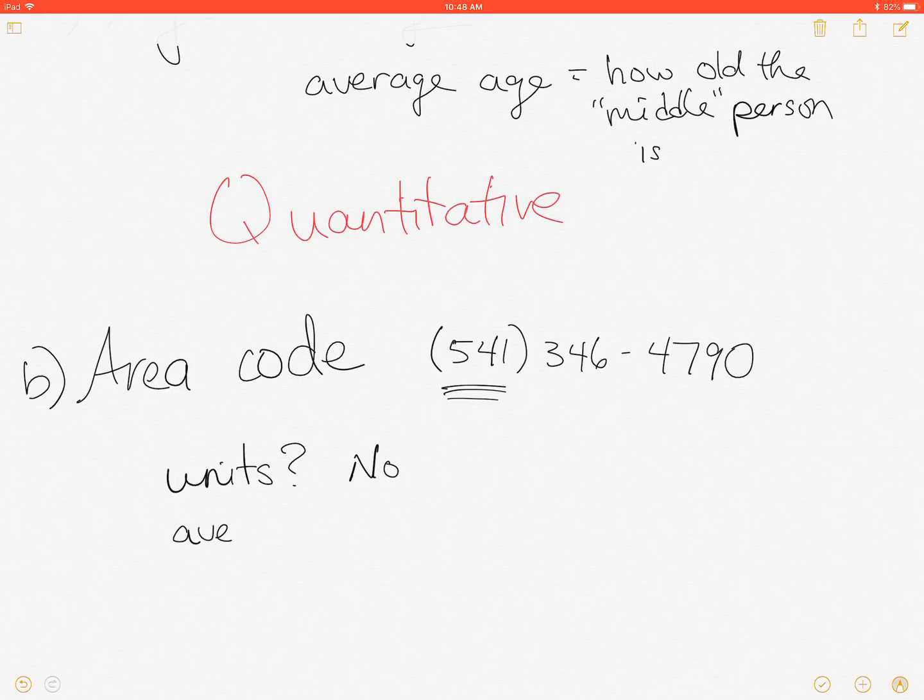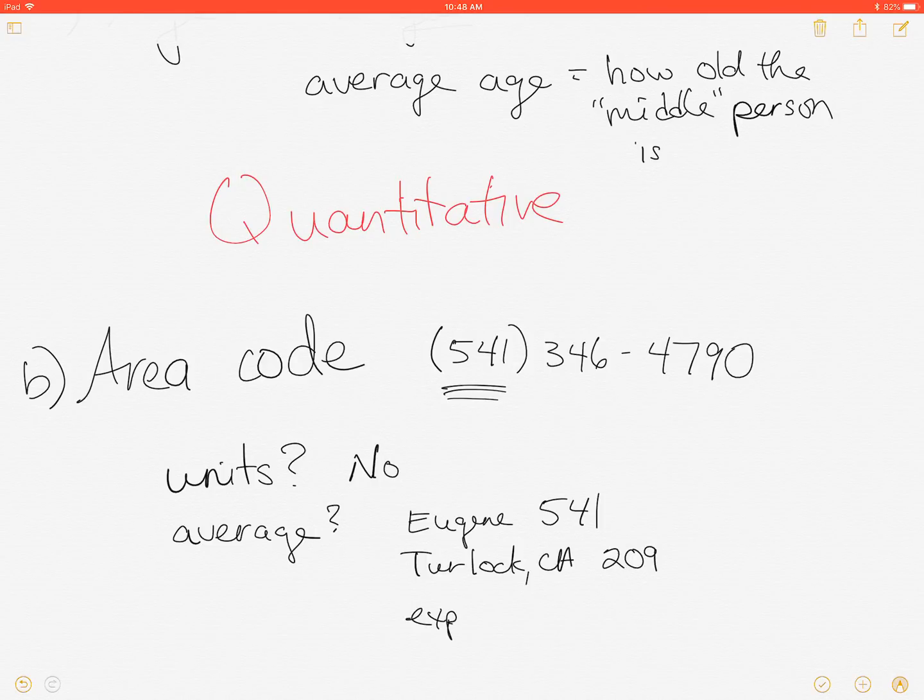Also, if we average these, well, Eugene is 541. I happen to know that Turlock, California has the area code 209. What would we expect if we averaged them? The place halfway between Turlock and Eugene?